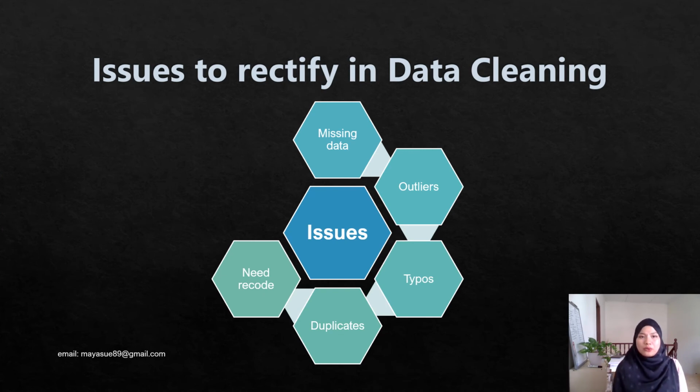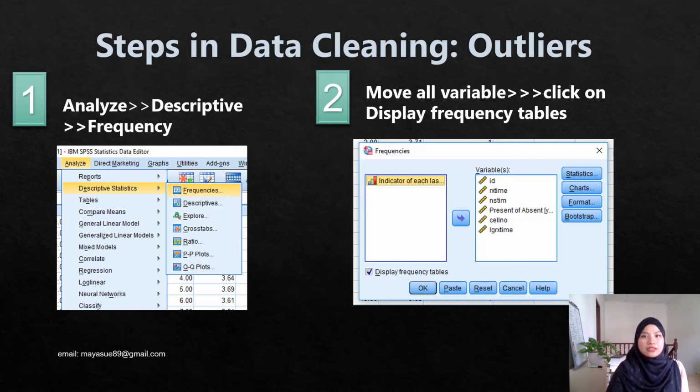What are the issues in data cleaning? Usually missing data, outliers, typos, duplicates, and sometimes you need to recode. These are the issues that you need to rectify in the data cleaning process. This is the step for outliers.